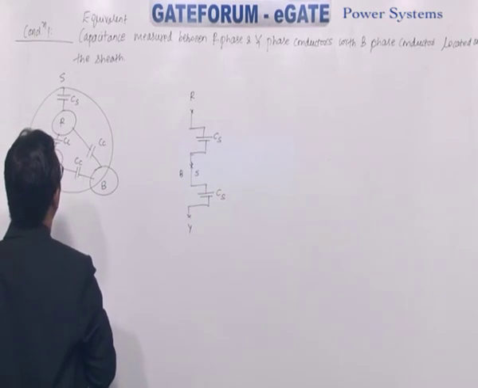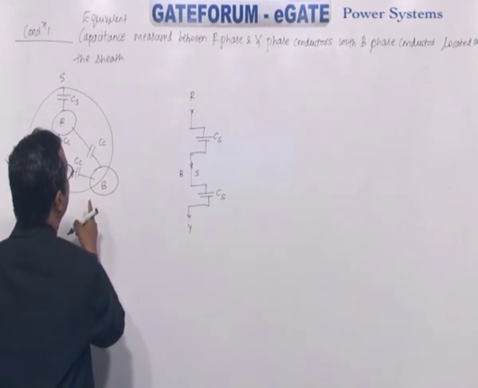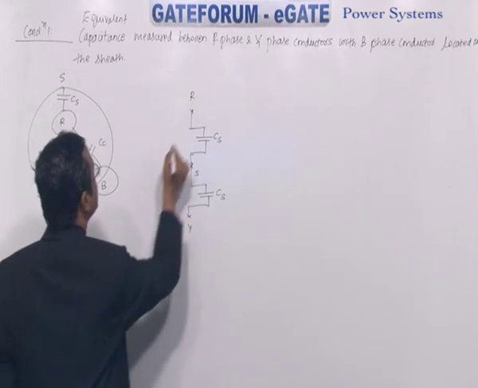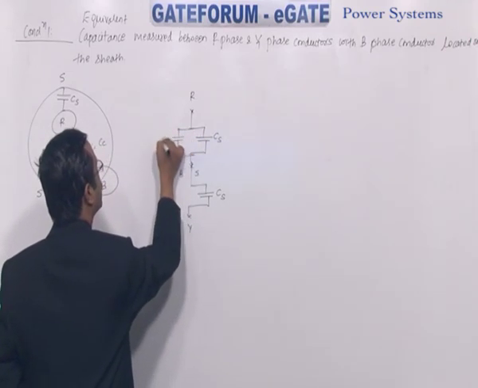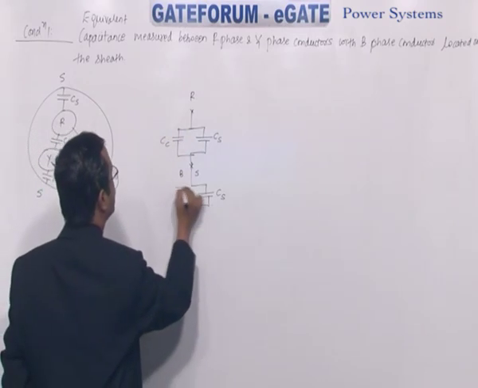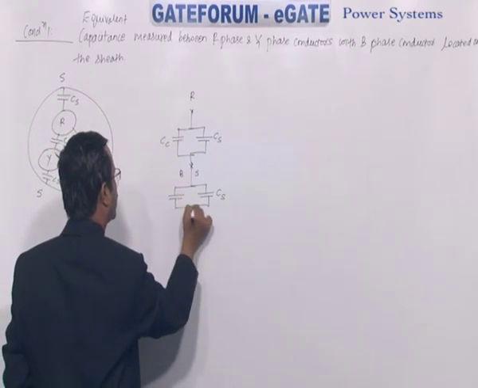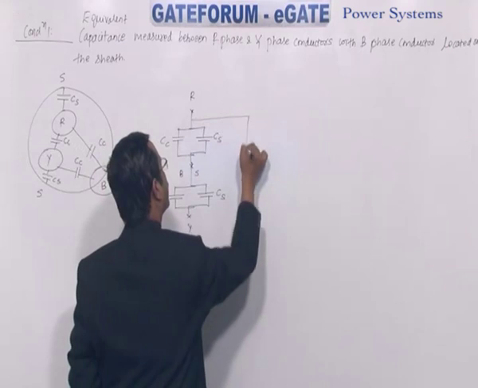Between R phase and B phase we are having CC. Between Y phase and B phase again you have CC. Between R phase and Y phase you are having CC.